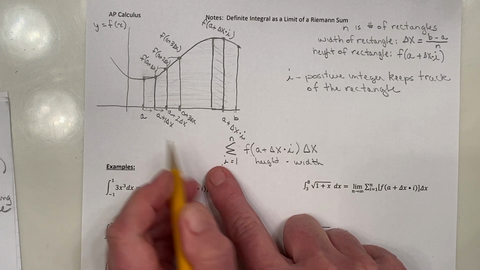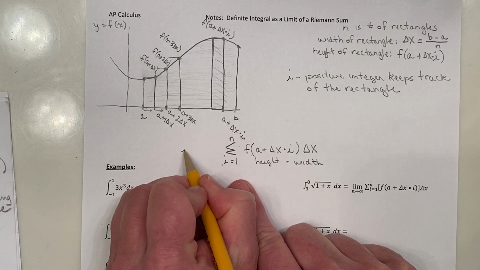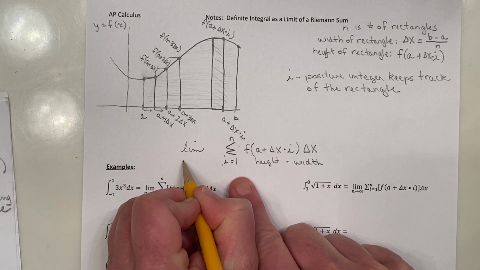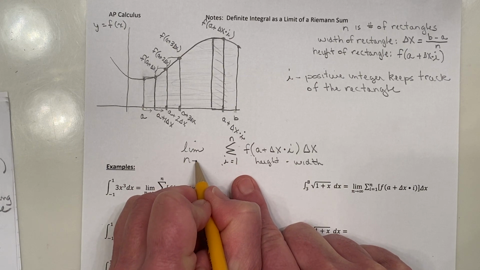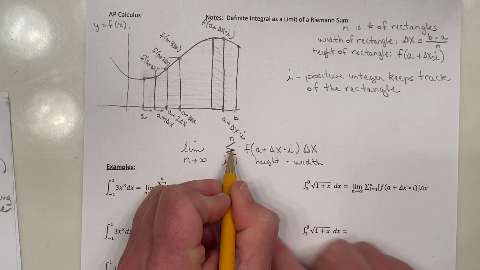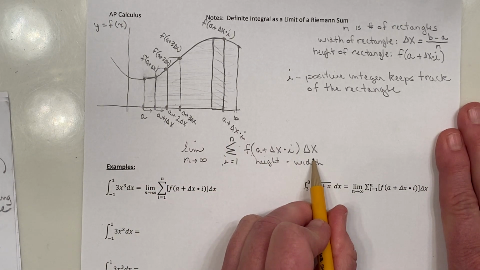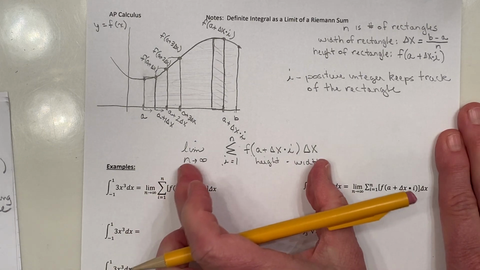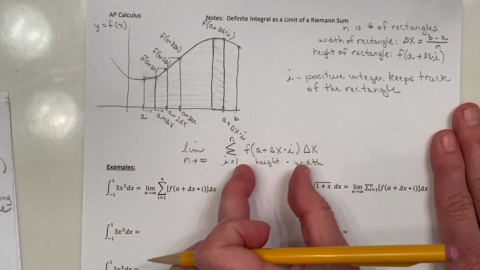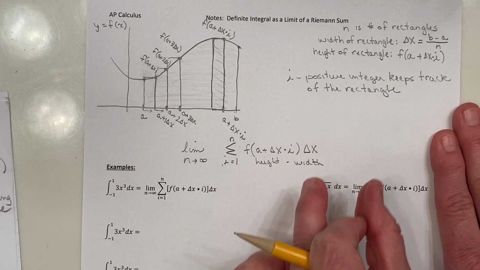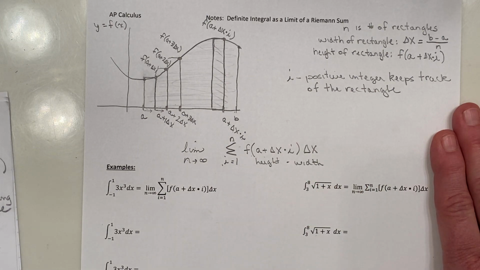So in front of this, let's put a limit statement in front of the summation notation. Let's say the limit as n goes to infinity of the summation of i equals 1 to n of all these areas. So all this together is a limit of a Riemann sum. Riemann, you might remember, just means rectangular areas.